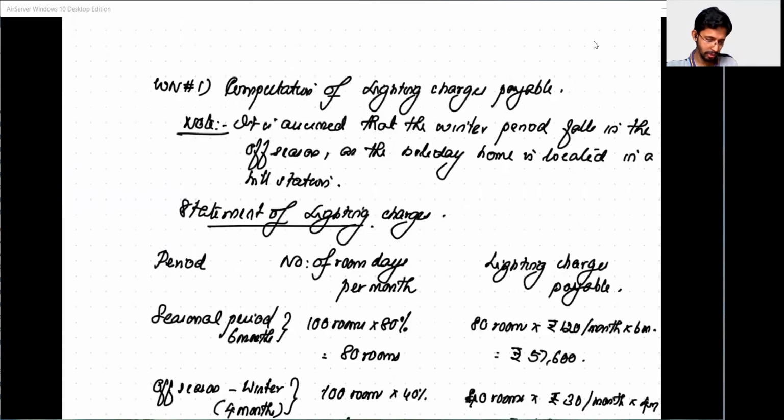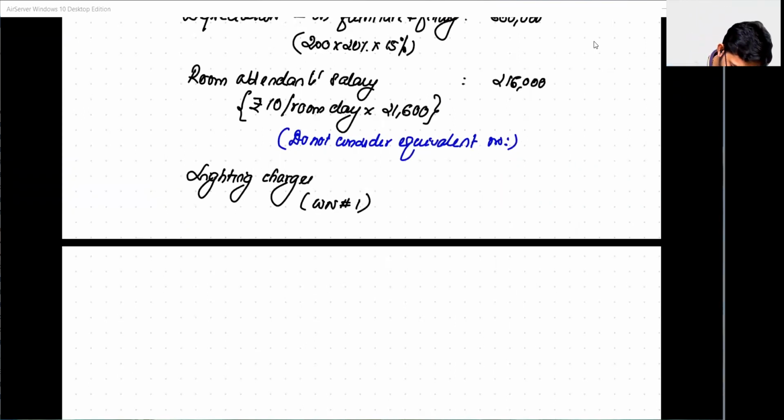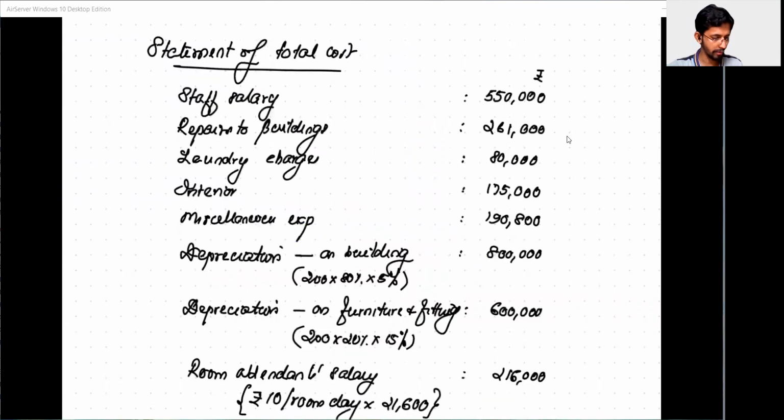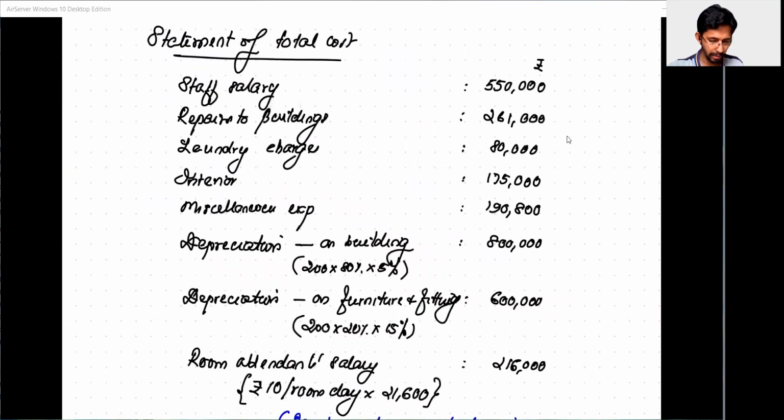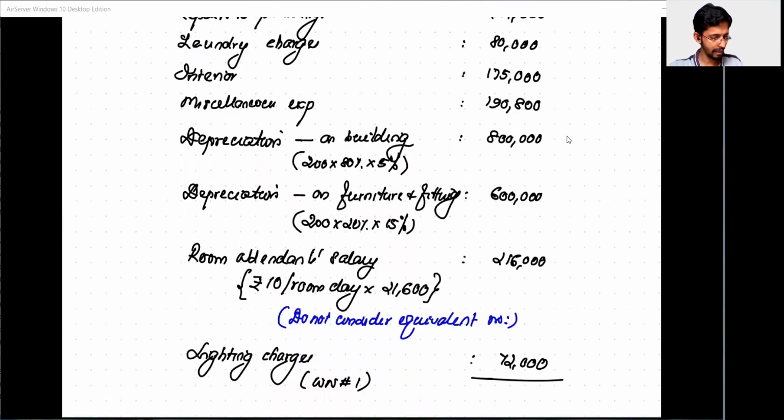Now you have to take this to the statement of cost, 72,000. So what is the total cost you are getting? Total cost, you have to take the total of here, 5,50,000 plus 2,61,000 plus 80,000 plus 1,75,000 plus 190,800 plus 8 lakhs plus 6 lakhs plus then 2,16,000 plus 72,000.